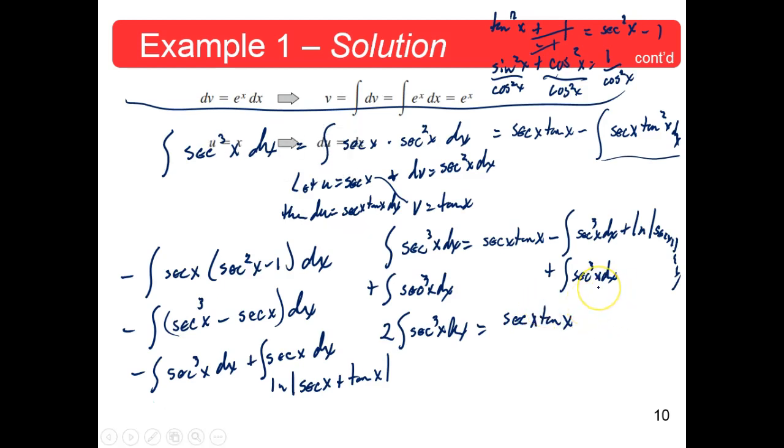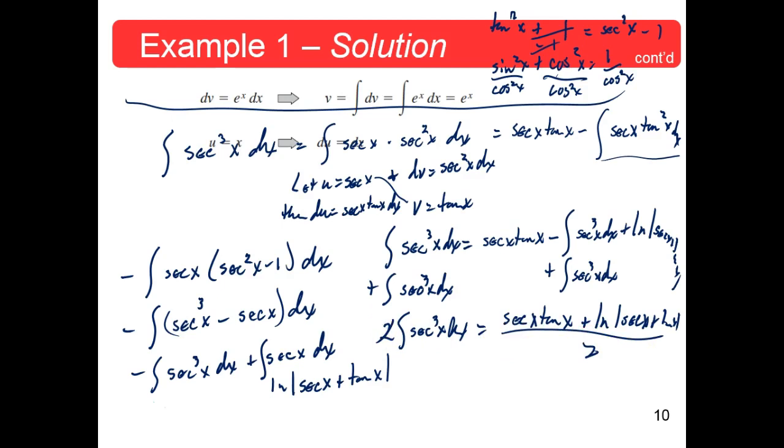I believe that's a plus now, plus the log of absolute value secant x plus tangent x. And then we'll divide both sides by 2 to get rid of that. And there we've solved it.